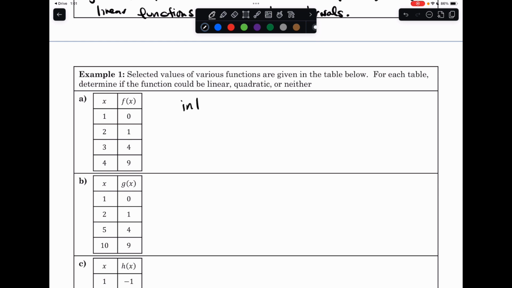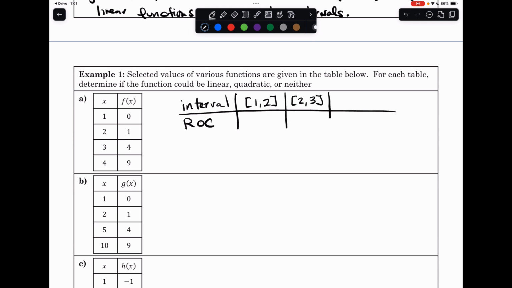We're going to write interval and rate of change, and see that when I use the interval from one x value to the next, whether this rate of change is going to be the same constant number, or it's going to be increasing by a constant. So let's look at this.